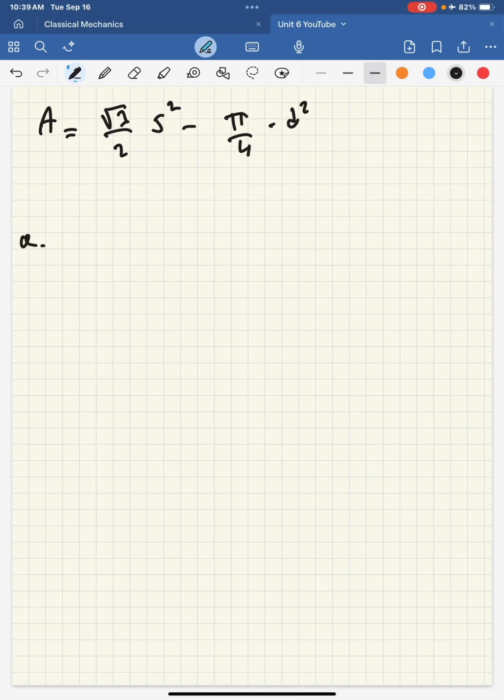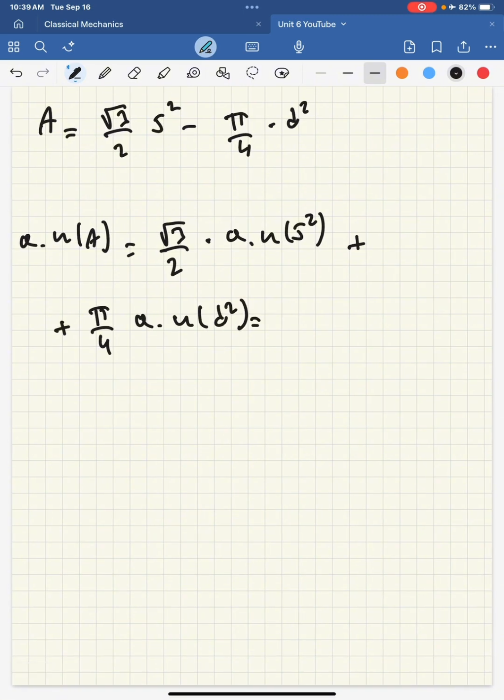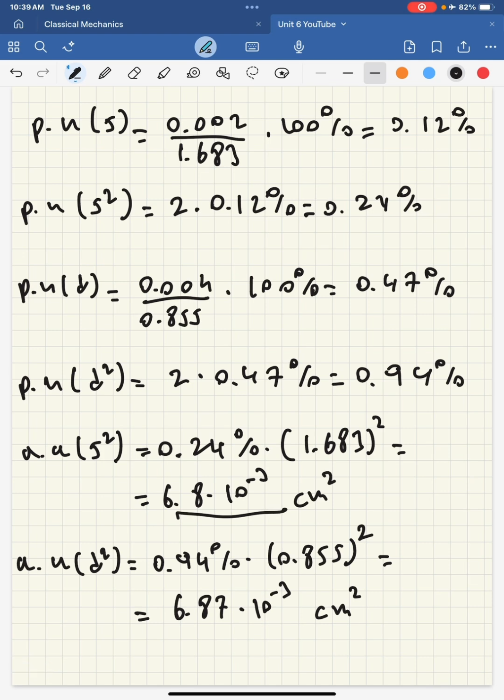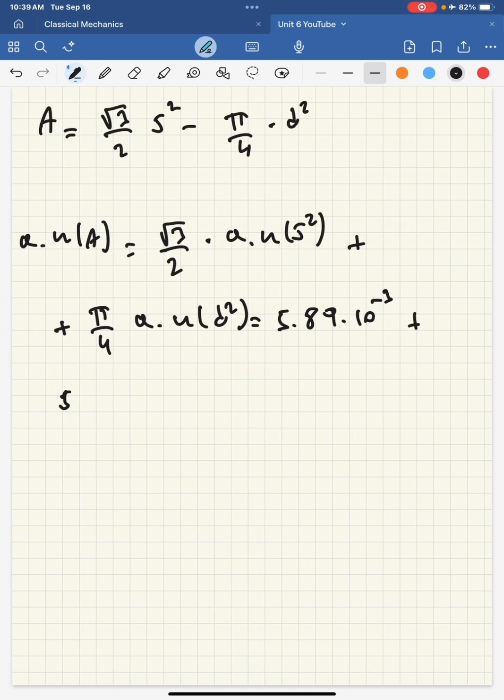So the absolute uncertainty in A will be square root of 3 over 2 times the absolute uncertainty in S squared, which we found, plus, remember, we add, okay, plus pi over 4 times the absolute uncertainty in D squared, so 5.89 times 10 to the negative 3, which is the square root of 3 over 2 times this, and then plus 5.39 times 10 to the negative 3, which is pi over 4 times the absolute uncertainty in D squared, gives you exactly 0.01 centimeters squared.